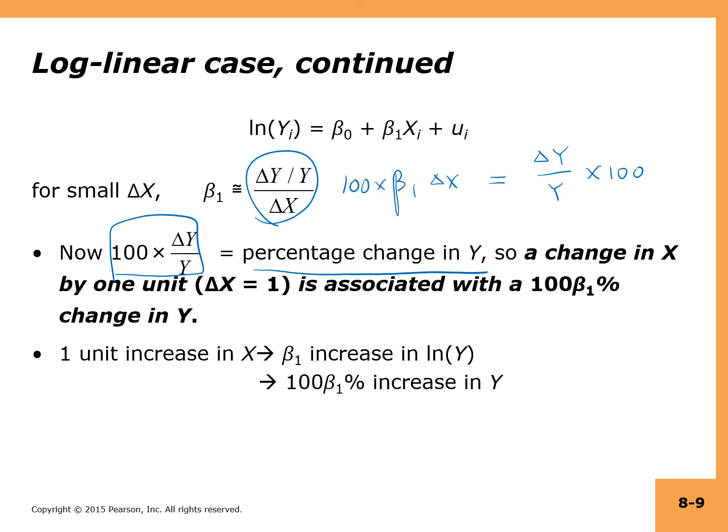This indicates that if I change x by 1 unit, the y variable would change by 100 times beta 1 percent.